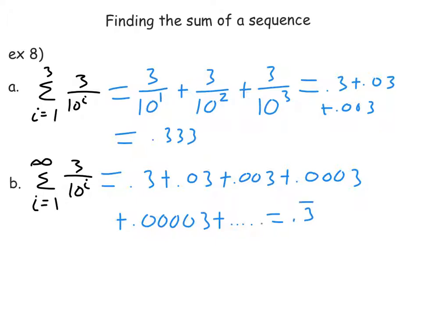And as long as you kept adding terms to the sum, you just keep adding decimal places of 3. We could describe that more quickly as 0.3 repeating, or 1/3. Okay, so for that particular sequence, you could go and add terms forever. If you did keep adding terms forever, they would add up to a relatively small number of just 1/3.